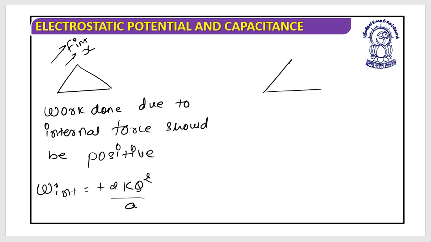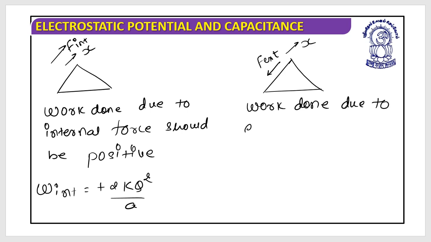In the same way, my F external should behave like that. You need to attract each other, but the particle has been displaced in this direction. Yes, so work done due to external force should be negative.